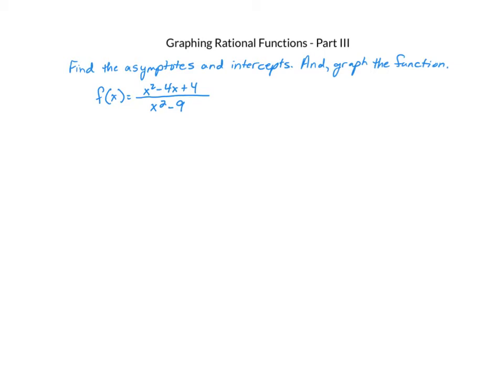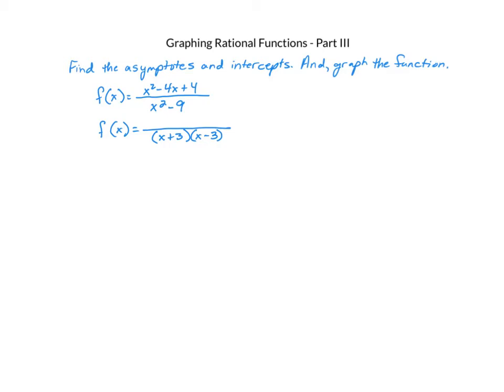Now I know we'll be looking for the vertical asymptotes first, so why don't we factor? In the denominator, we have x plus 3 times x minus 3. And I'm going to factor the numerator as well, because in order to confirm that we have a vertical asymptote at a particular place, we have to make sure that that factor doesn't also exist in the numerator.